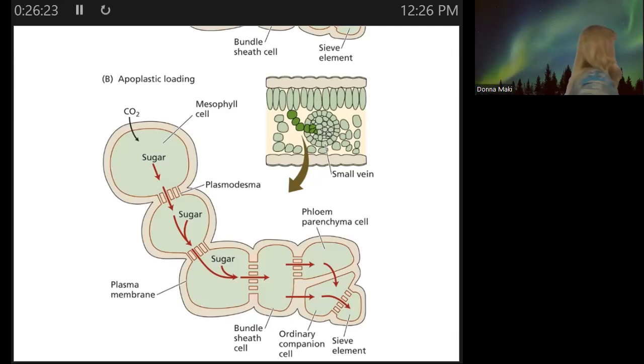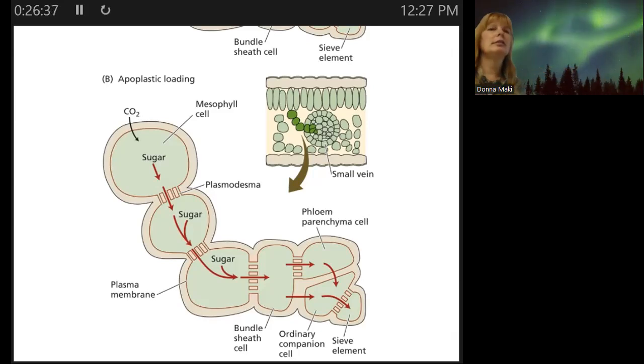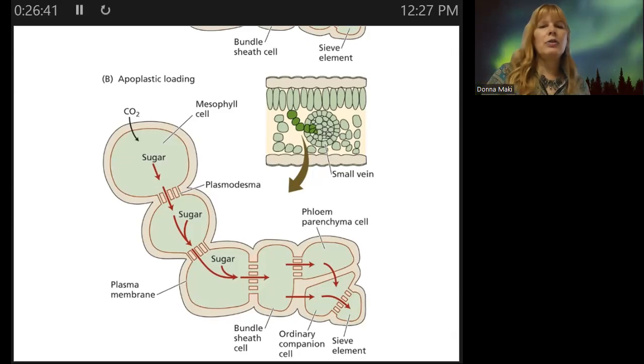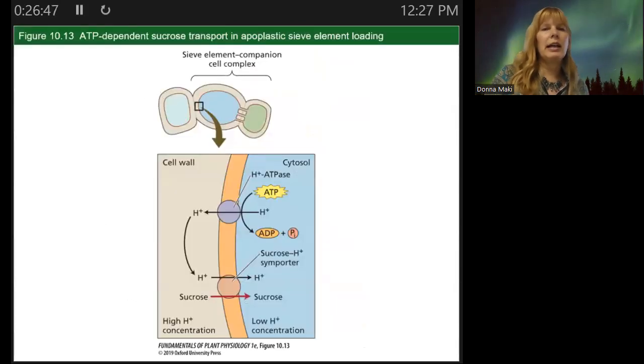And it's right there now as you get the sugar going apoplastic. Well, now it's got to cross the cell membrane in order to get into the companion cell. And that creates an issue. So in order to do that, they have to go through primary and secondary active transport. So that's kind of a pain.